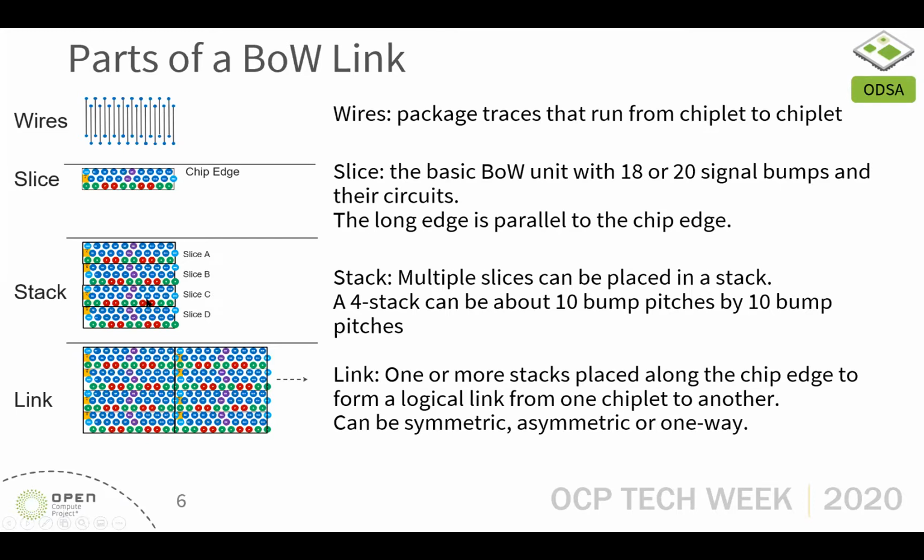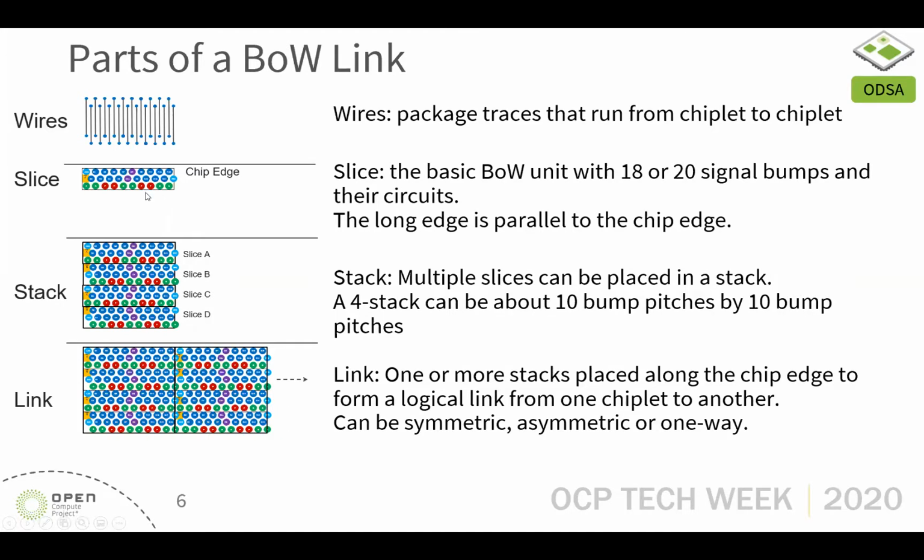The 4-stack is about 10 by 10 bump pitches, and we are not specifying particular bump pitches or even bump patterns. So the actual physical size will depend on the technology and the bump pitch that you use. Then links are stacks placed side by side along the edge of the chip in order to get the full bandwidth that you want.